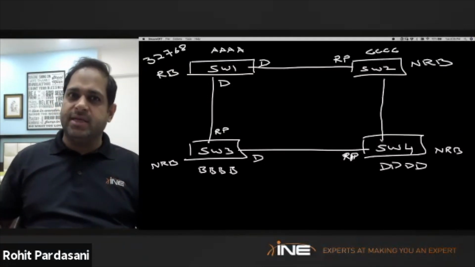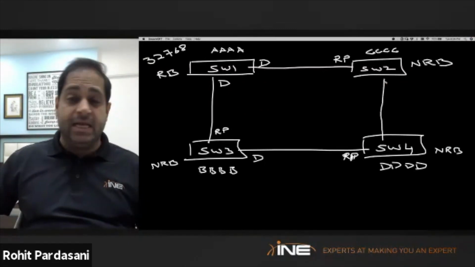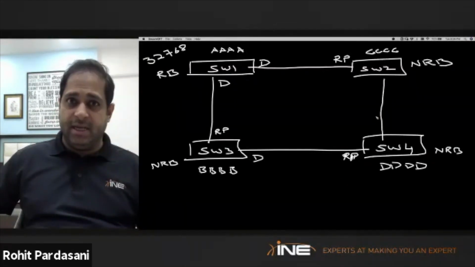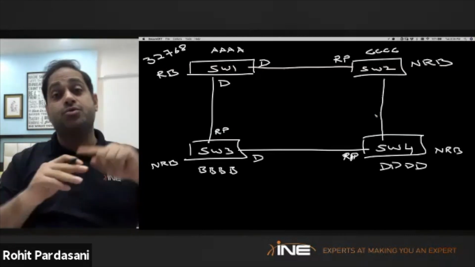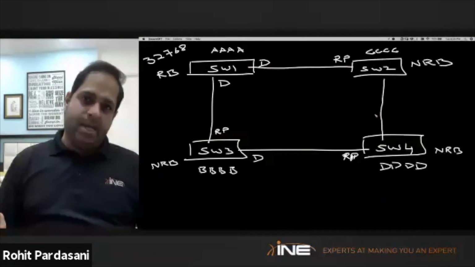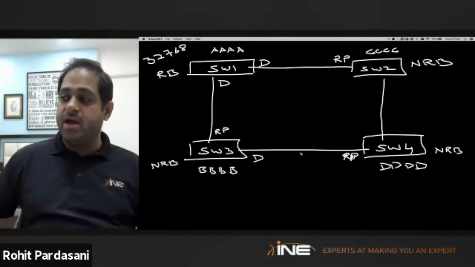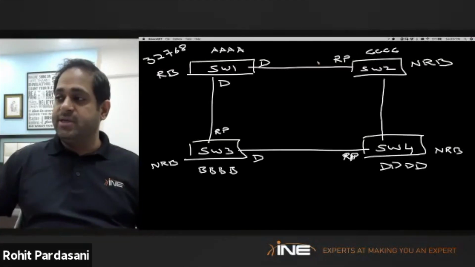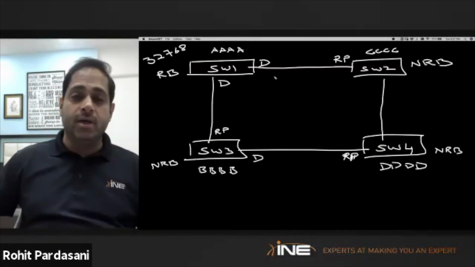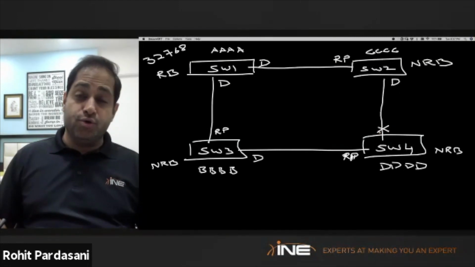Remember, it's a common misconception that people always look at the cost of this link. It's not the cost of this link, it's the lowest cost to the root bridge. So whichever is your best path cost, that would be compared. Switch 4 says my best path cost is 200, 100 plus 100, and switch 2 says my best path cost is 100. So switch 2 wins based on cost and becomes designated, and switch 4 goes into blocking state.